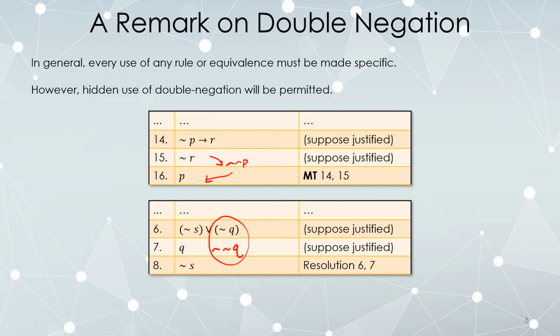So we are usually fine with saying, you know what, just go straight to the resolution in line 8, and we all pretty much see what was going on there. So double negation is typically allowed as a hidden line. Don't ever hide things like modus ponens or distributive properties, though. Double negation and substitution are really the only things that we allow to happen in the background without being extremely explicit about.